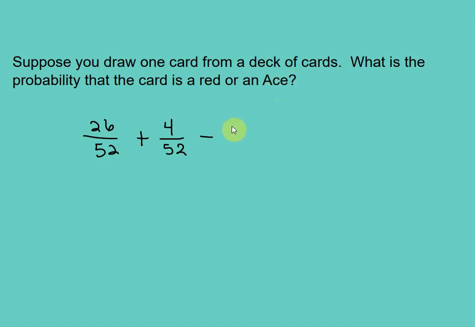So that means there are 2 aces that are red, 2 out of the 52. So now we're going to add all this up. 26 plus 4 is 30, and then 30 minus 2 is 28, and that's out of 52. And like I said before, always reduce your fractions. So this would reduce to 7 out of 13.